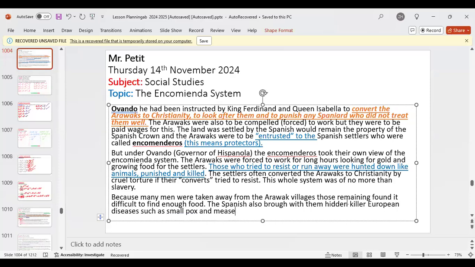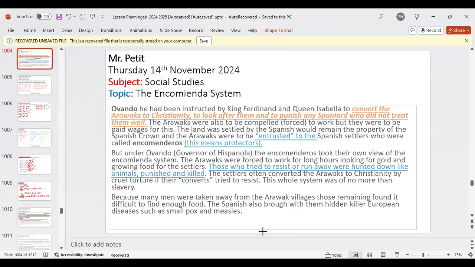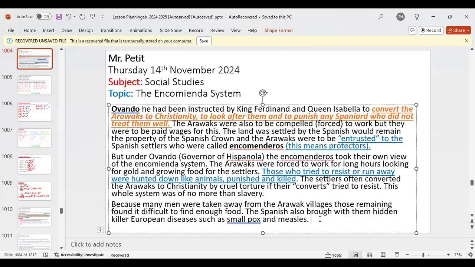And the poor Arawaks, they don't have any immunity to that. They're like, what? What is this? Never heard of it before, never had it before. Because their bodies were not used to those things.